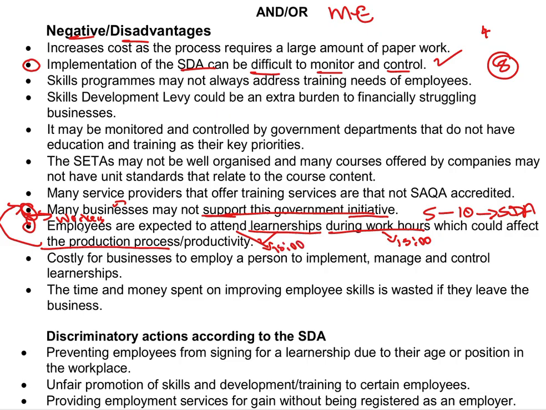Employees are expected to attend training during work hours. So this will cause conflict, which could affect the production process. When they say production process, they are referring to whatever work or task you are completing at that time, meaning that you won't be able to complete your task that day because they want you to attend.